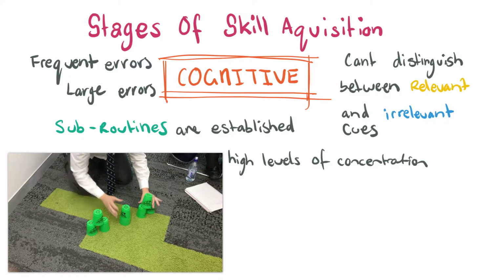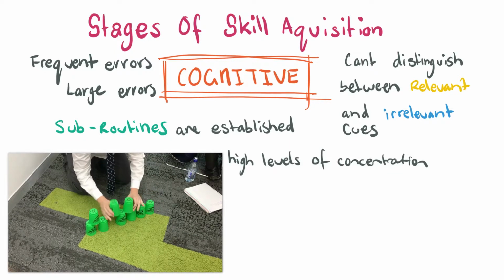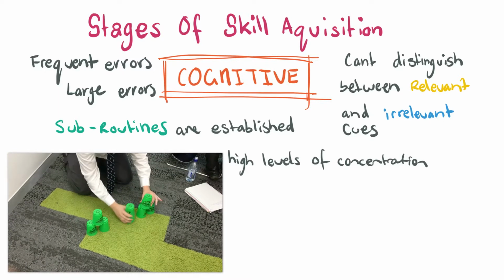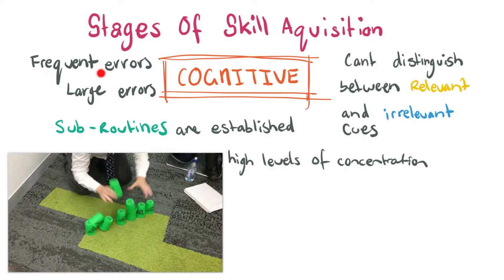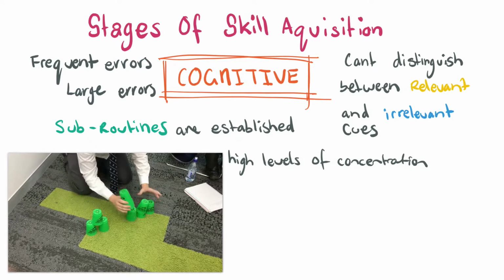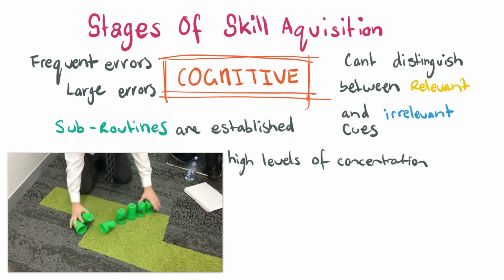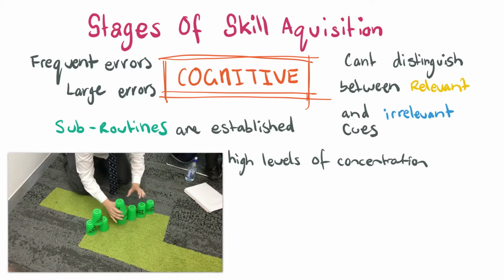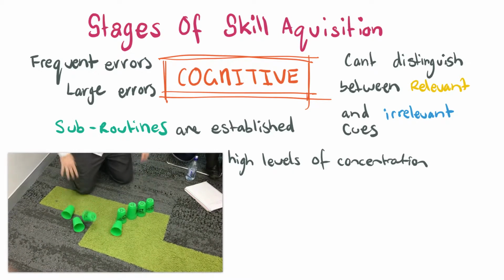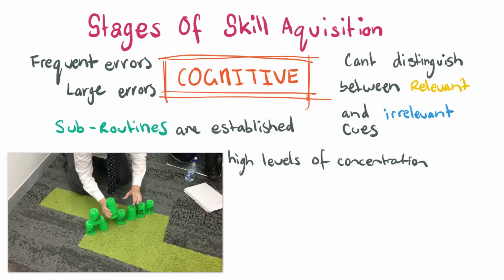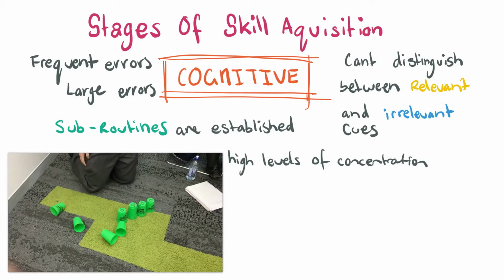So we start by having a look at the cognitive stage. Now, at the cognitive stage, this is usually that first stage, and we usually have quite a lot of frequent errors and large errors. So the learner will be making lots of mistakes at this stage. And this is where subroutines are established. So if you have a look at the video below, you can see that the learner is trying to break things up into smaller parts so that they can try and decrease the amount of errors that they're having.